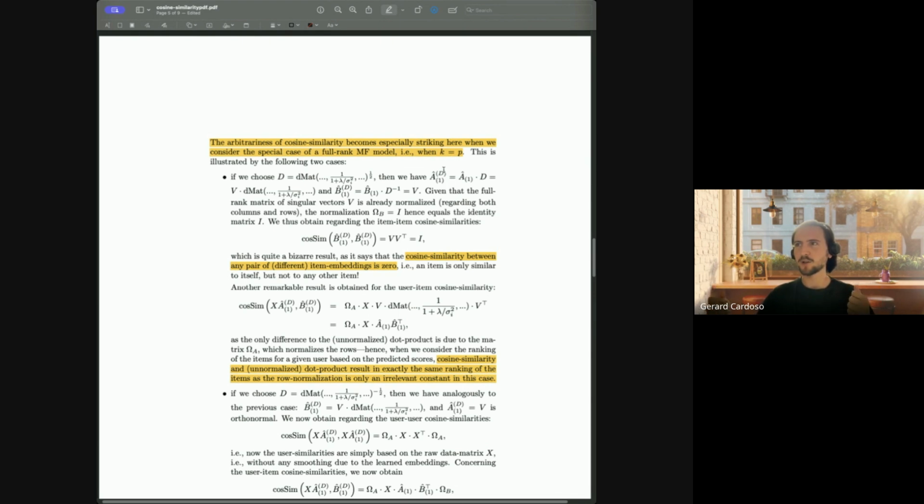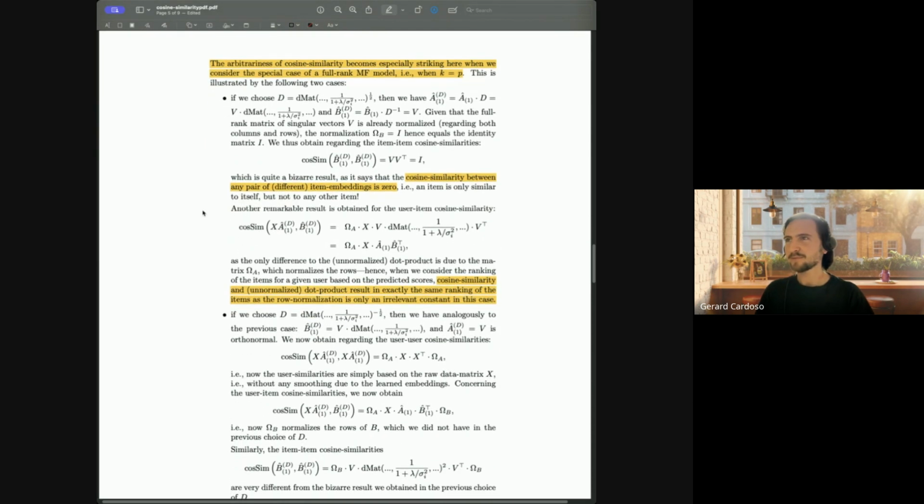You can show that you can create a scenario by which the cosine similarity equals the identity matrix. So cosine similarity from anything to anything is 0 unless those things are the exact same item. So again, it's a funny example. I'm not sure how useful it is, given you would never run this with K equals P, I guess.